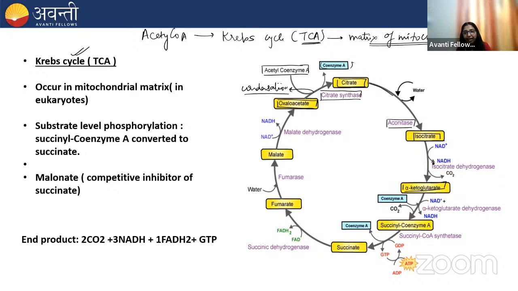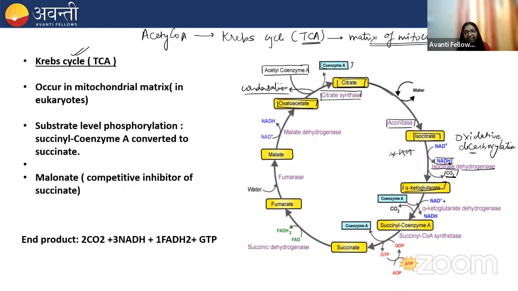In this step, NADH is formed and CO2 is released. And the enzyme involved is isocitrate dehydrogenase. This step is very important. This step is an oxidative decarboxylation, because CO2 is released, decarboxylation.